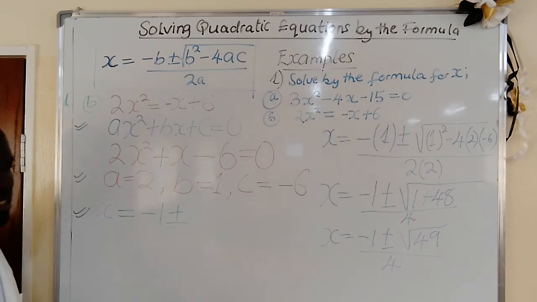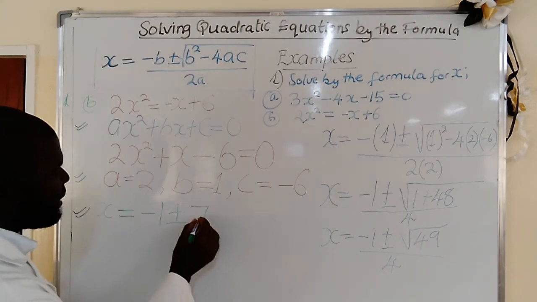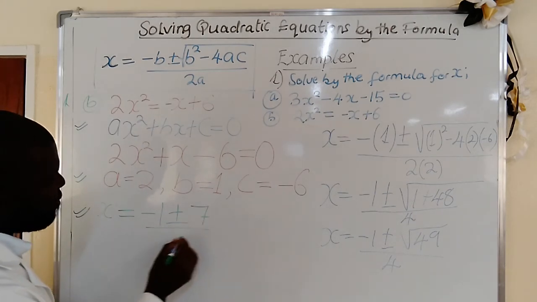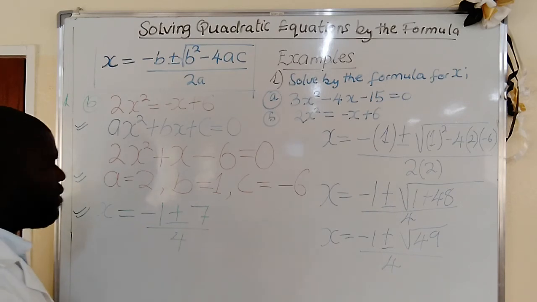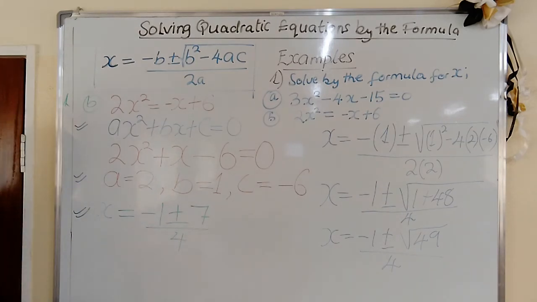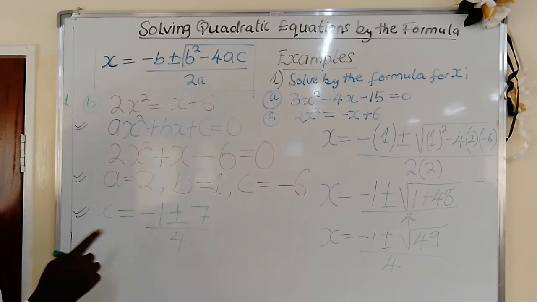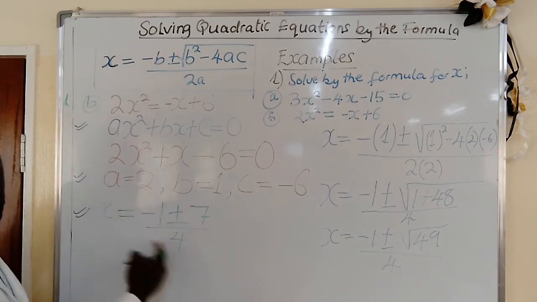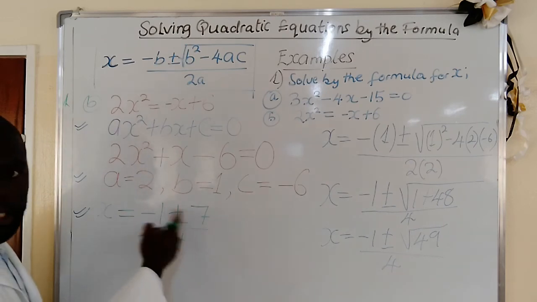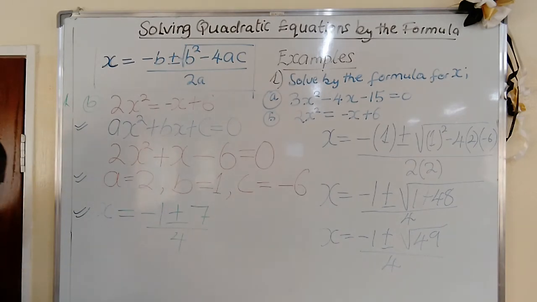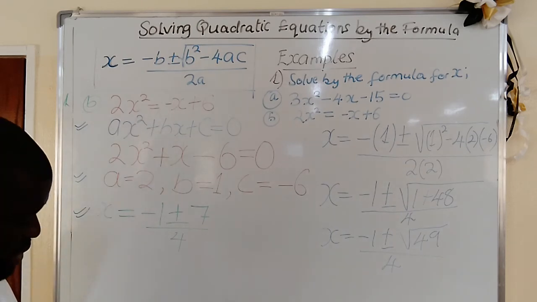Is it? Yes. So we write 7, everything over 4. At this stage, we are supposed to separate this statement.